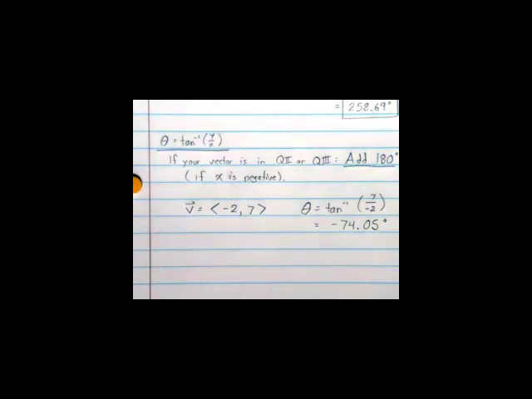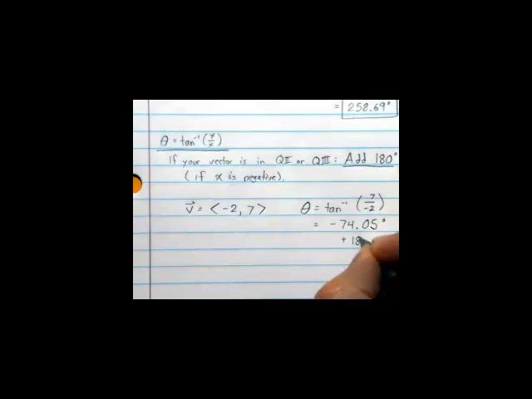And so if I add 180 to that, I have 105.95 degrees, which is in the second quadrant, which is what I want.